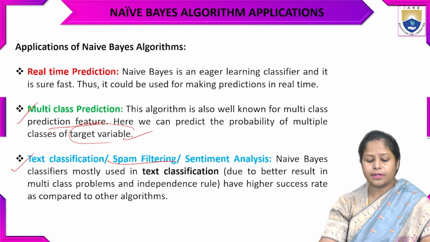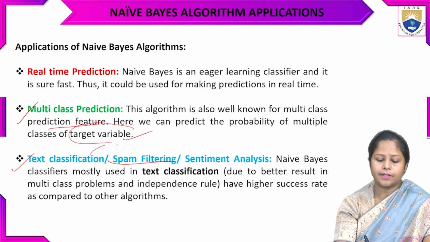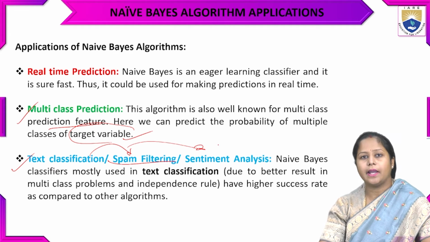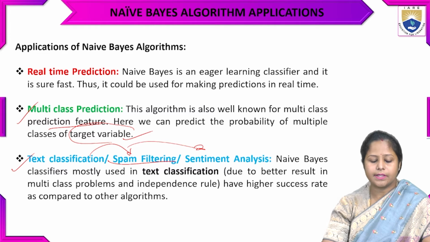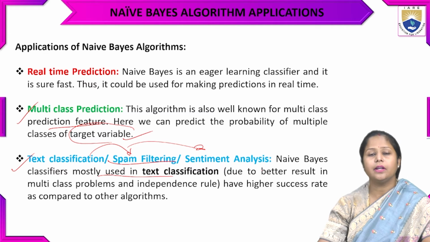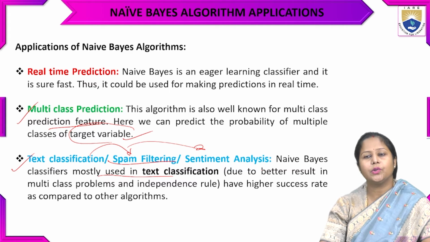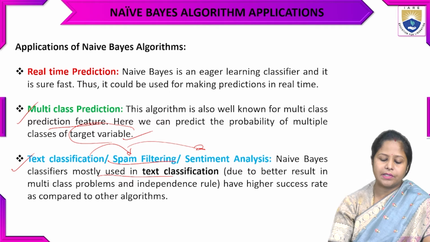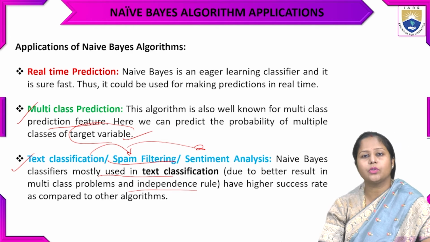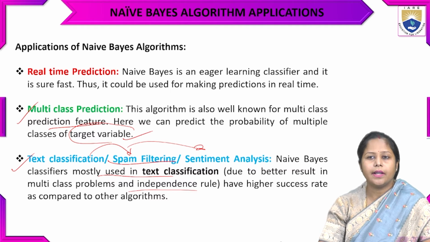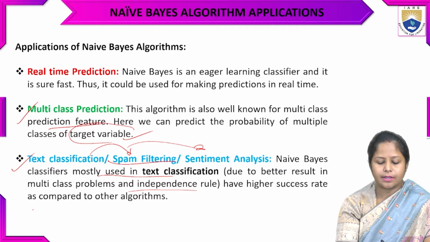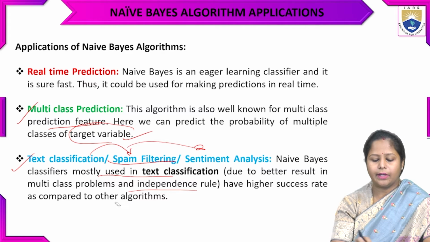Naive Bayes classifiers are mostly used in text classification due to better results in multi-class problems and the independence rule. That has a higher success rate as compared to other types of algorithms.